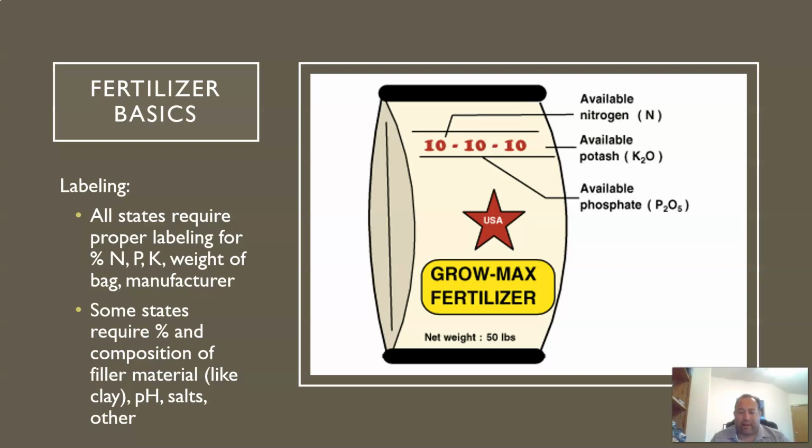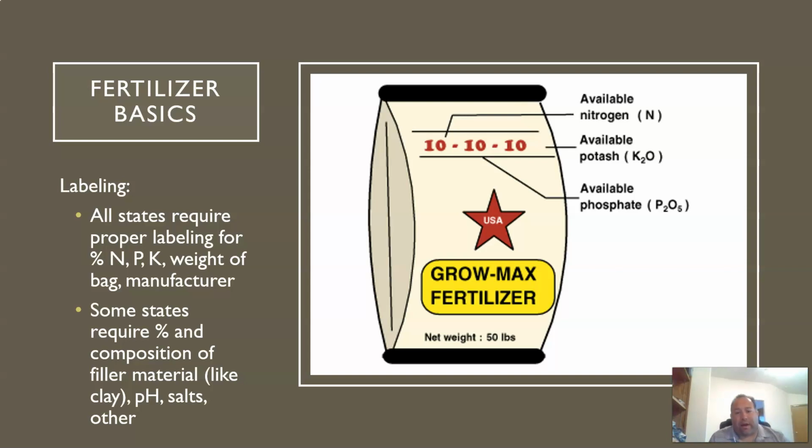You'll also see the weight of the bag and the manufacturer. In our example here, we've got our 10-10-10, so that's 10% nitrogen, 10% phosphorus, 10% potassium. This is a 50-pound bag, and GrowMax is our company.